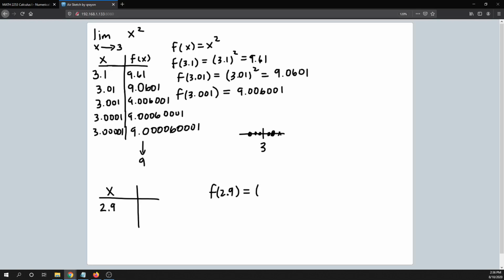I get 2.9 squared, which is 8.41. So that number would go here.